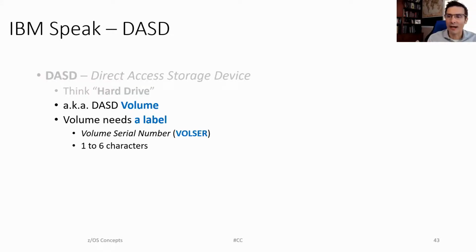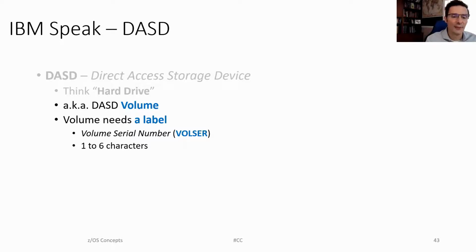We identify these by something we call DASD volumes. So a volume is one of those DASD devices, and every volume needs a label. For each DASD device, I have a volume and a label which identifies which particular hard disk I'm going to be writing to.